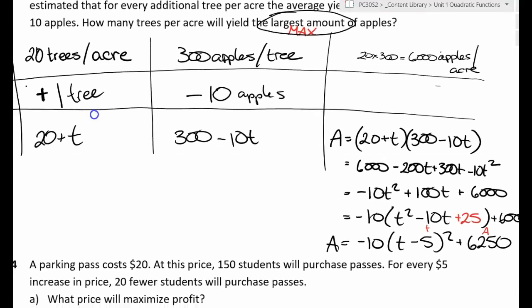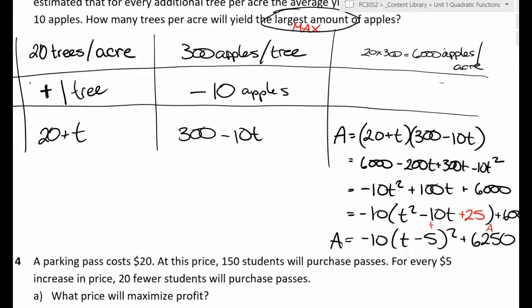So keeping that all in mind and considering how many trees per acre will yield the largest amount of apples, my final answer, I don't even need to say how many apples it is. I just need to say that t must be 5.